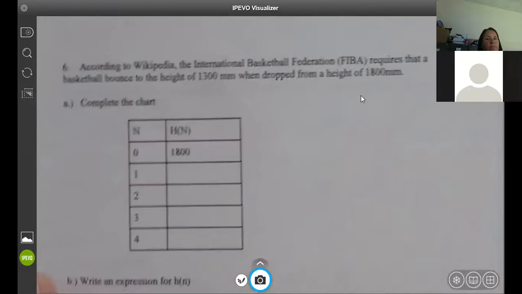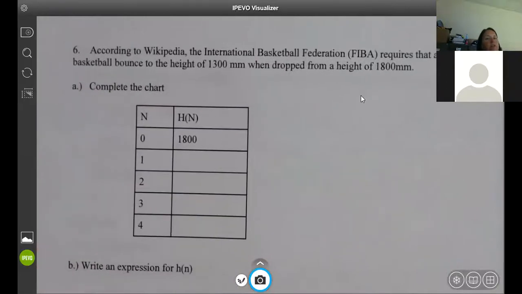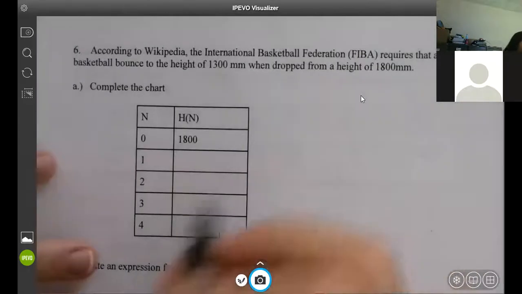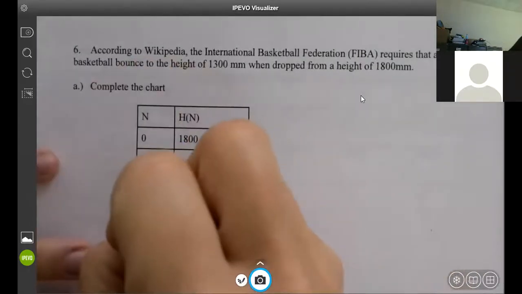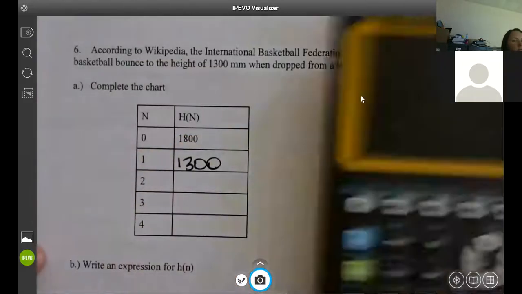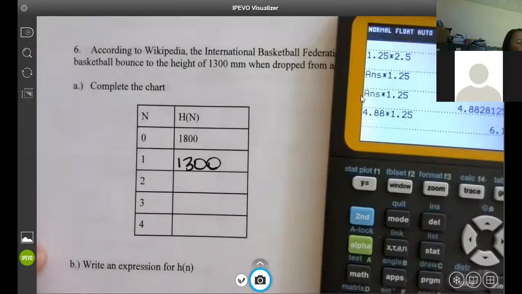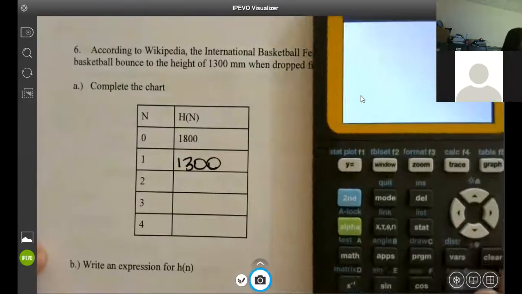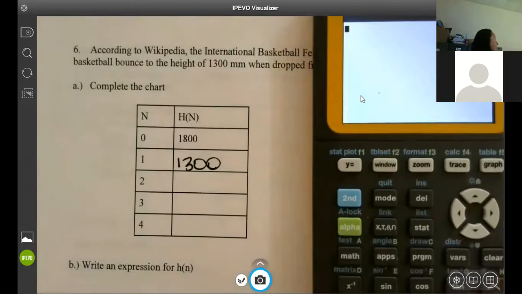Last one. According to Wikipedia, the International Basketball Federation requires that a basketball bounce to the height of 1,300 millimeters when dropped from a height of 1,800 millimeters. So complete this chart. So after the first bounce, what does it drop to? All right. I will tell you that it's exponential because the ball doesn't drop the same amount each time.